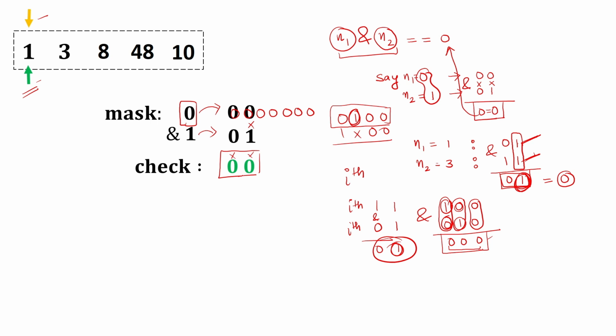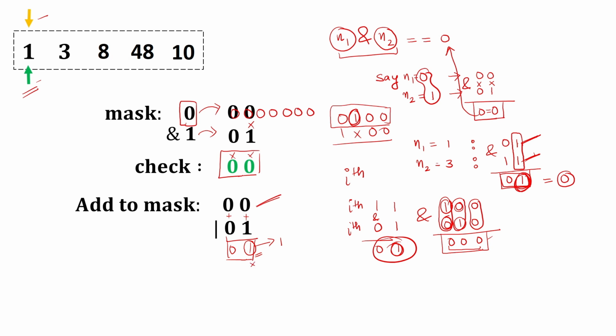How do you add? You add to the mask, meaning you take an OR. This was my mask. Take the OR of my mask with the element that I want to add. That is just adding modulo 2. 0 plus 1 is 1. 0 plus 0 is 0 modulo 2. This adding tells me that there is an element whose set bit is 1 at this location. Now what this tells me is that the next element, if you want to add, cannot have a 1 at this place.